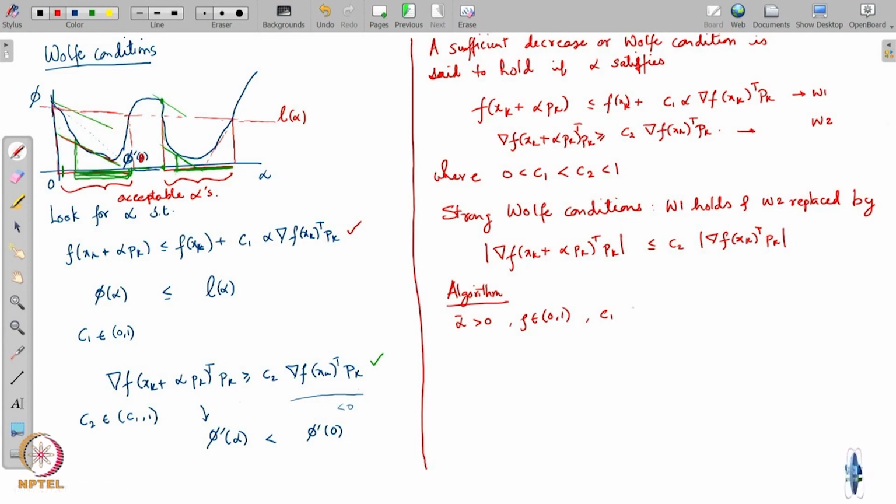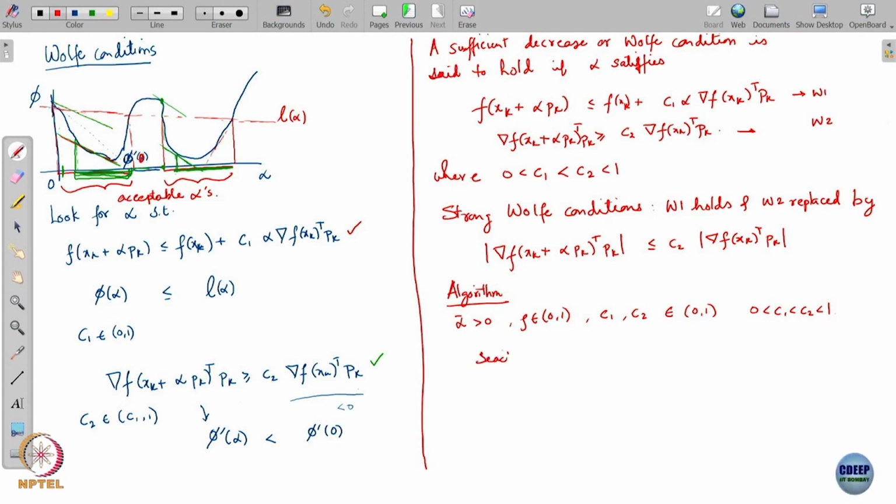You choose your c1 and c2, and then what one does is search over alpha.